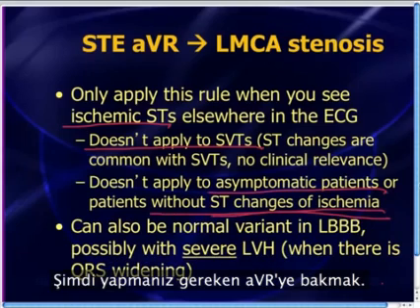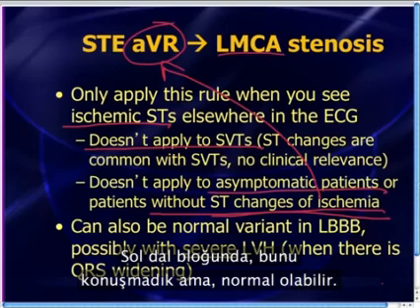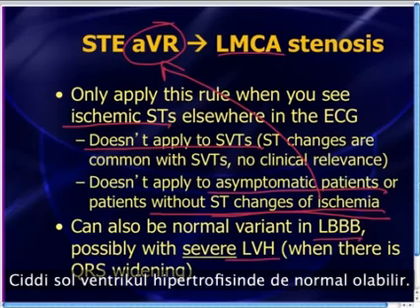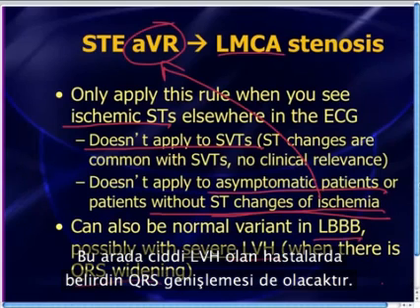Now what you do is look in aVR, and that will make you concerned for left main. All right. It can be a normal variant in left bundle. We didn't talk about that, but it can be found in left bundle, and also severe LVH when there is severe hypertension. Usually, by the way, these patients with severe LVH will have significant QRS widening.